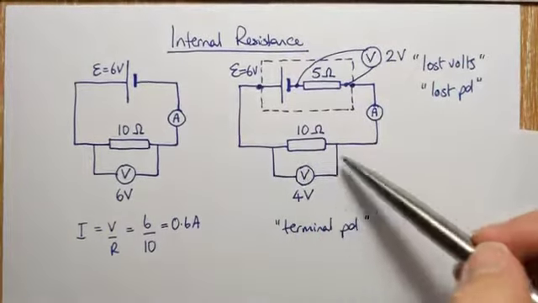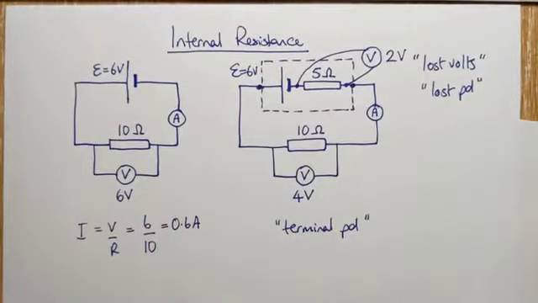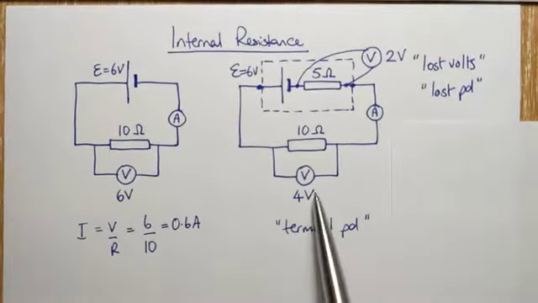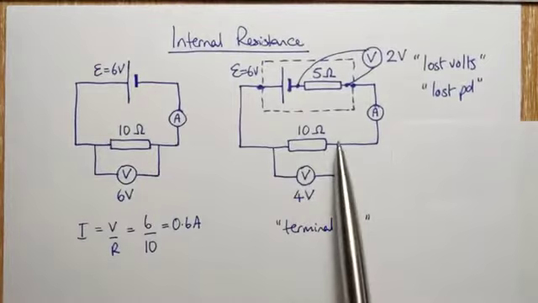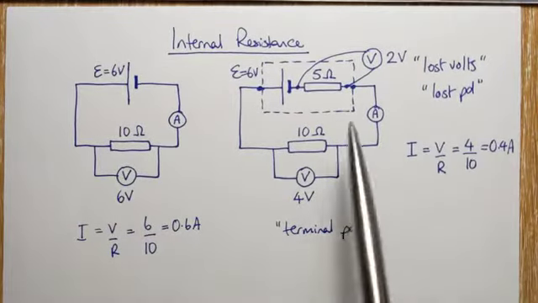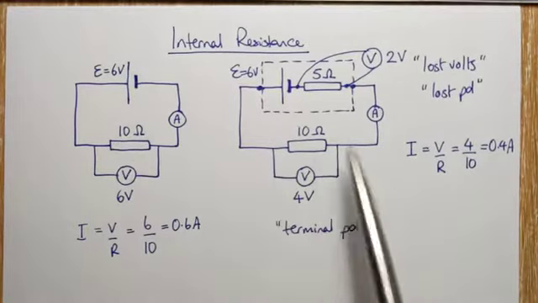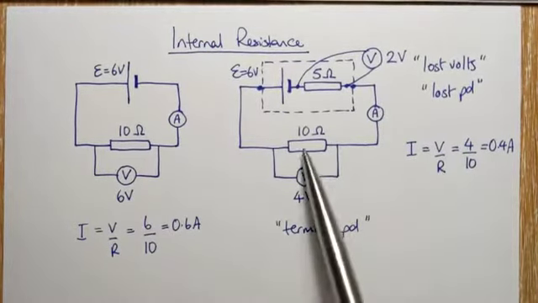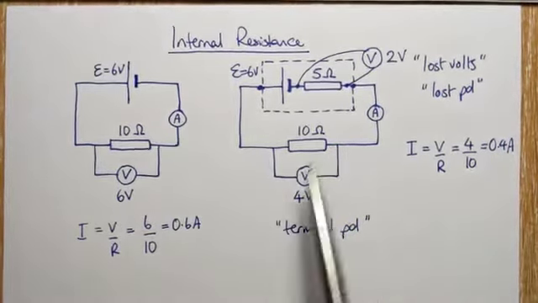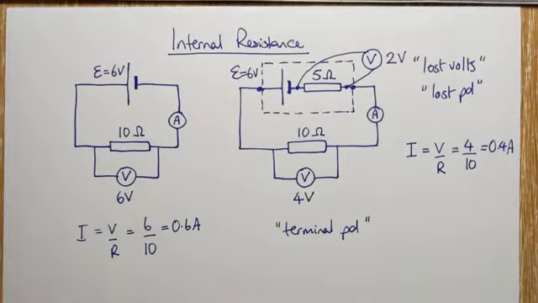So the PD between the terminals. Okay, so the PD across the resistor has gone down, but notice also that if we calculate the current through this resistor, 4 volts over its resistance is only 0.4 amps. So now the current through the resistor has also gone down.